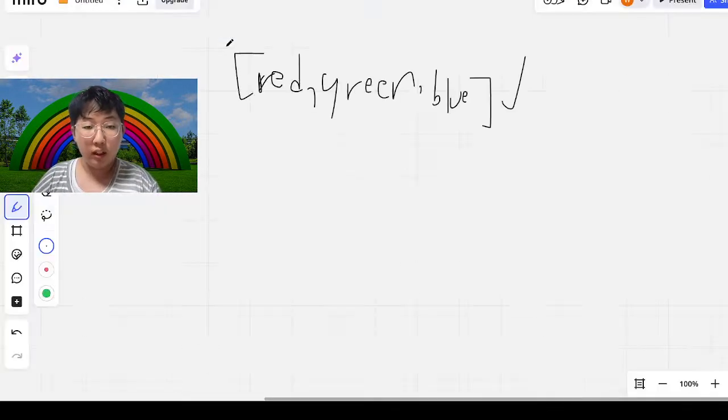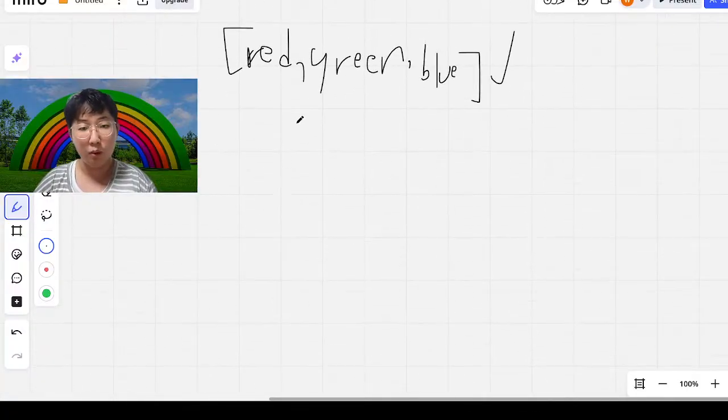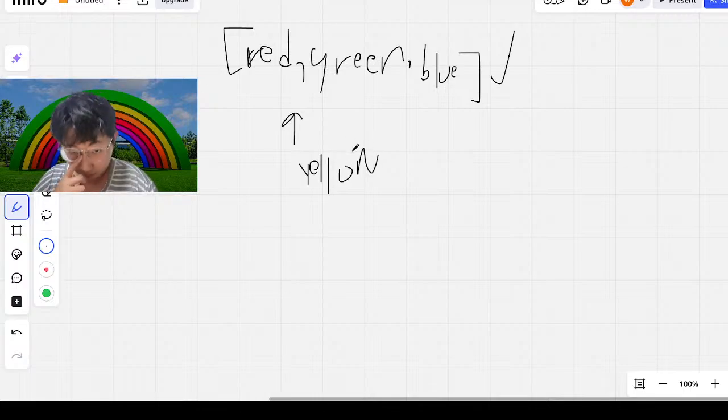So what if we wanted to know, in mathematical notation, if an element, for example yellow, is in or is not in this set? Let's say we call this set color. Is yellow in color?